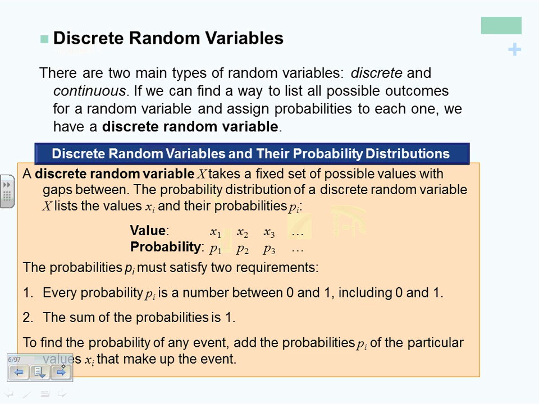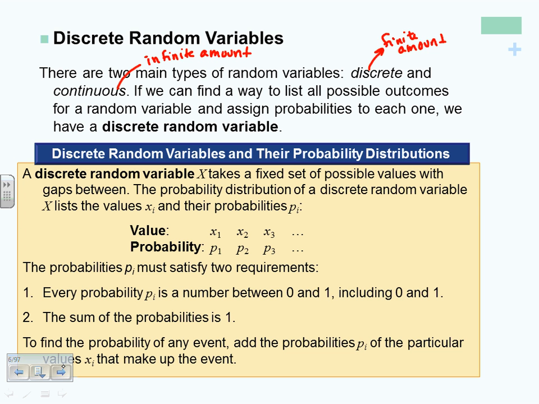Okay, discrete random variables. Remember the difference between discrete and continuous? Discrete, just remembering, is a finite amount, and continuous would be an infinite amount. So we're going to have discrete random variables and their probability distributions.